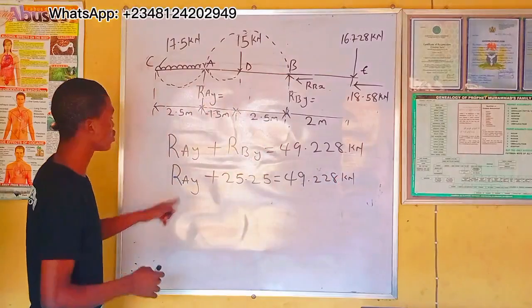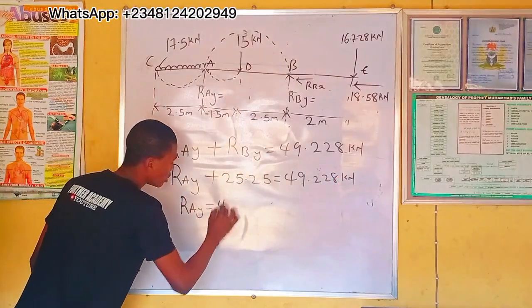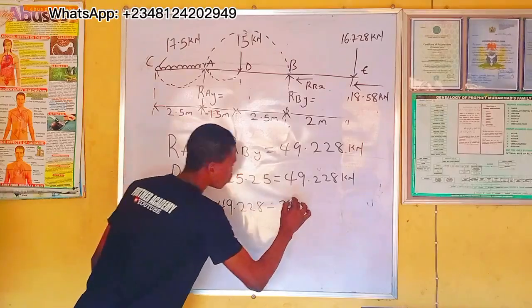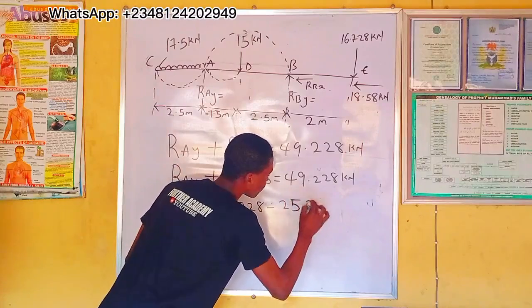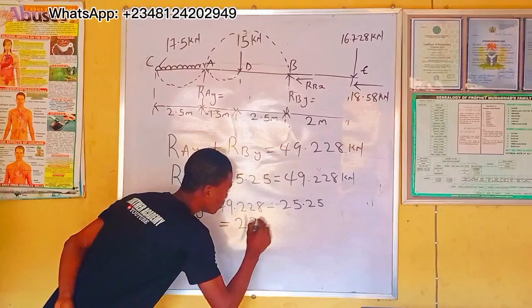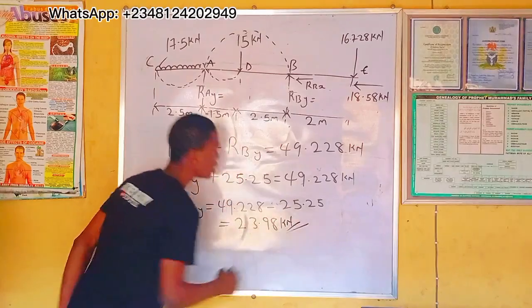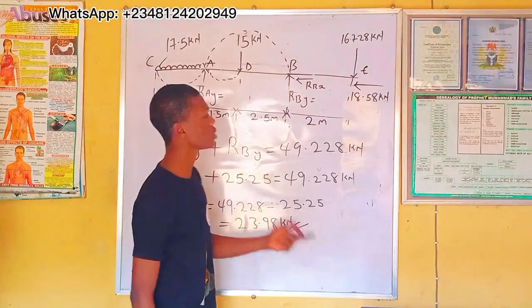Make RAY the subject of the formula. That is, RAY is equal to 49.228 minus 25.25. By the time we subtract this, what do you have? 23.98 kilonewton. Meaning RAY is equal to 23.98 kilonewton.